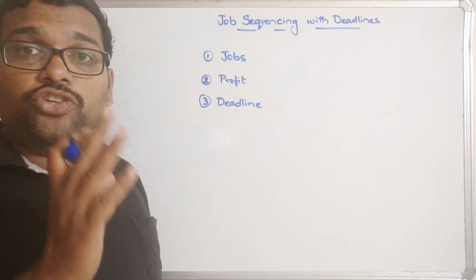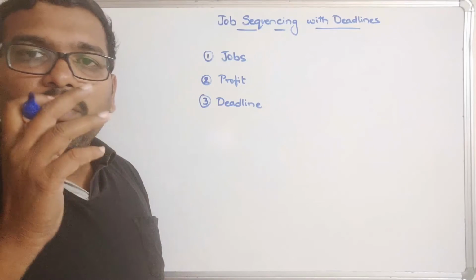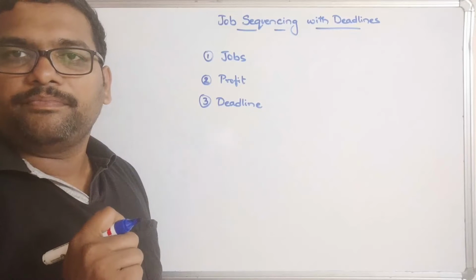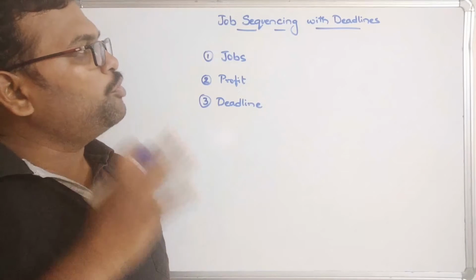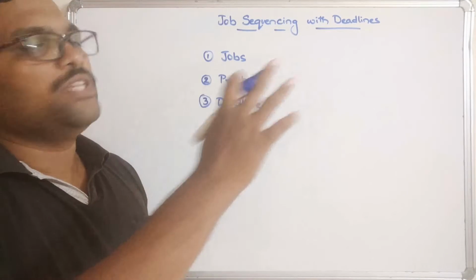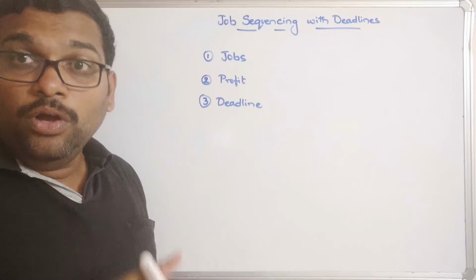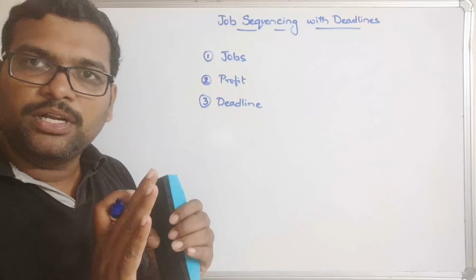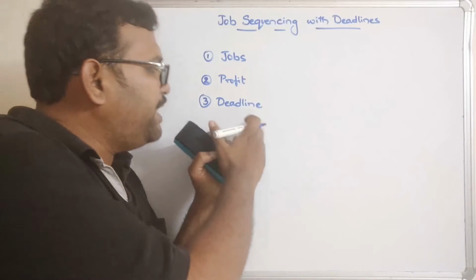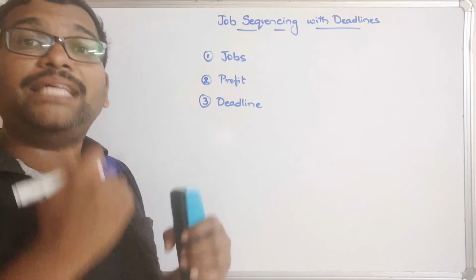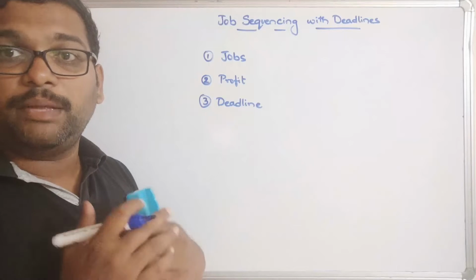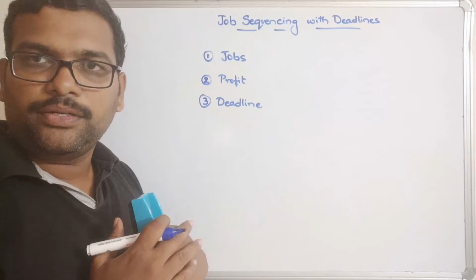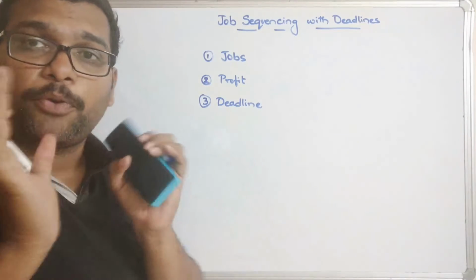That particular job should be completed within that deadline. These three are most important in this job sequencing problem. We need to complete the processes or jobs within the given deadline with maximum profit. So that is our problem.